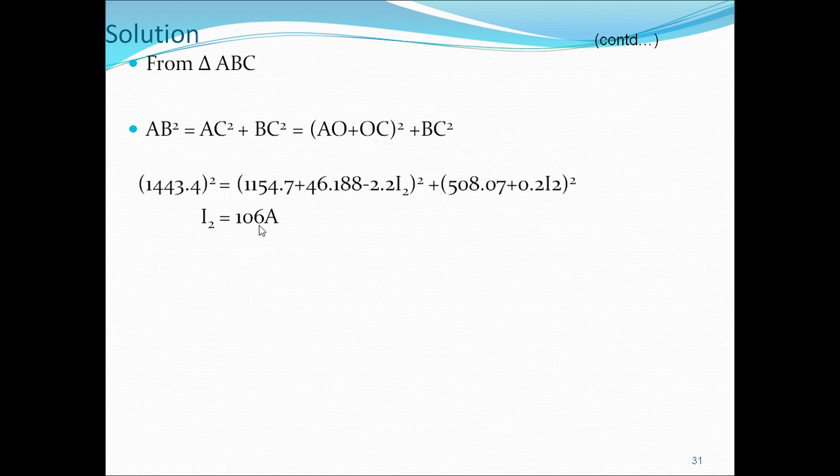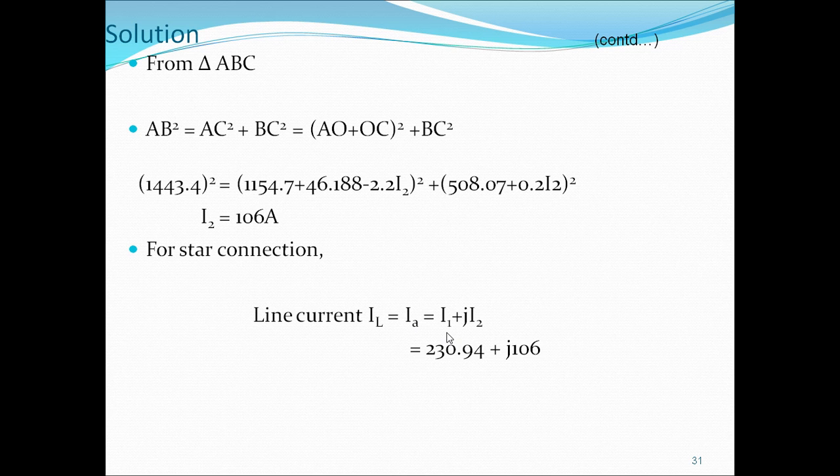What is I2? That is Ia into sine theta. In star connection, IL is equal to Ia is equal to I1 plus jI2, that is 230.94 plus j106. If you square to get the magnitude, square root of 230 square plus 106 square, that is 254.1 amps.